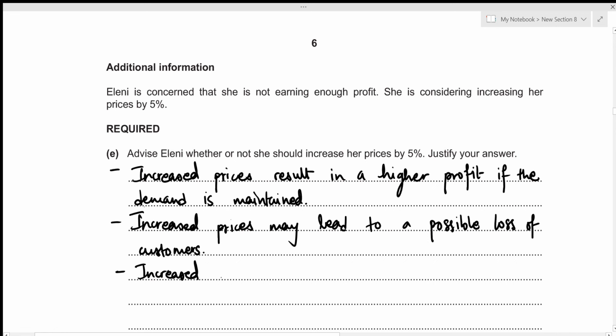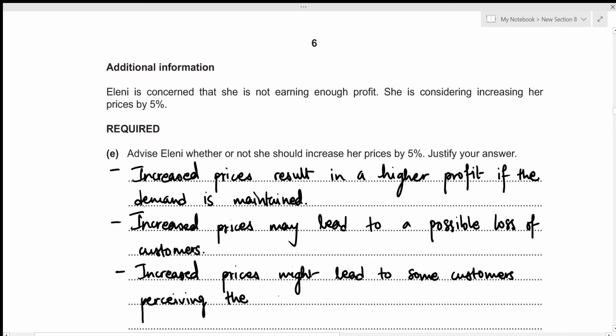Increased prices might lead to some customers perceiving the goods to be of higher and better quality.